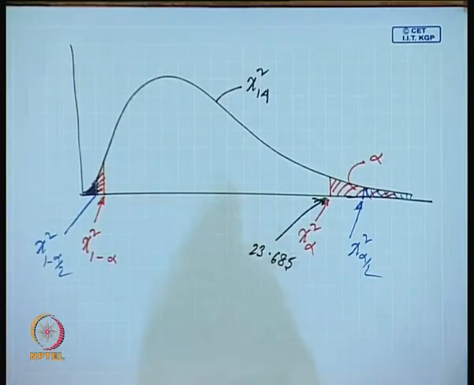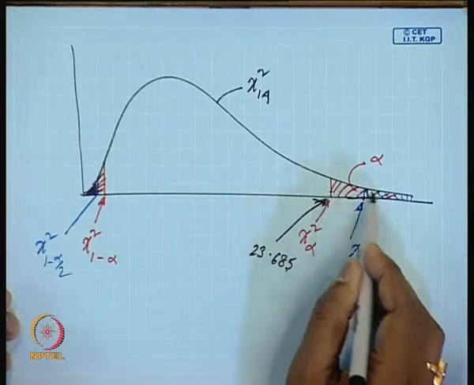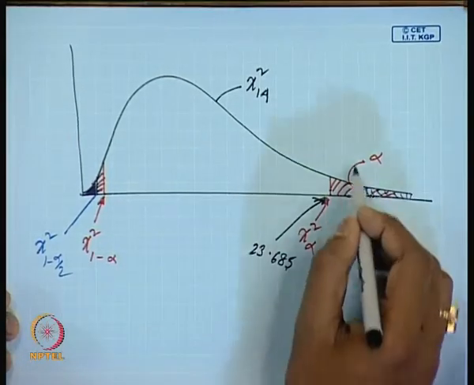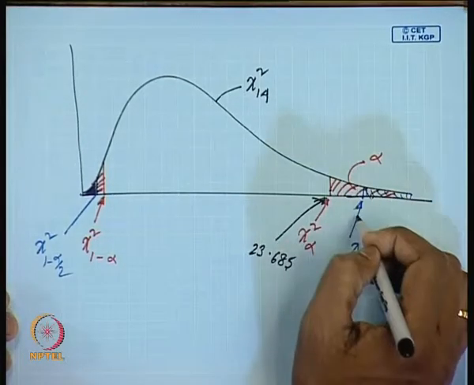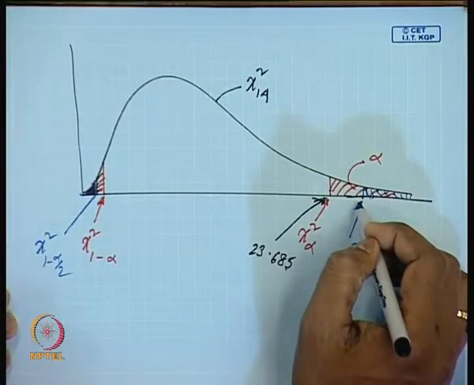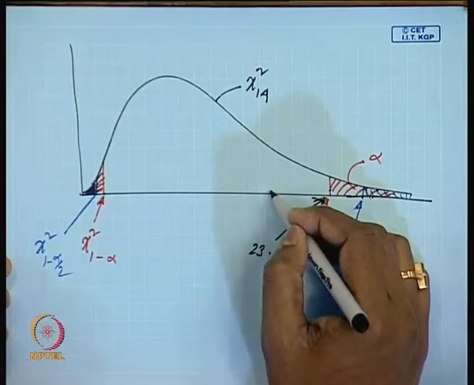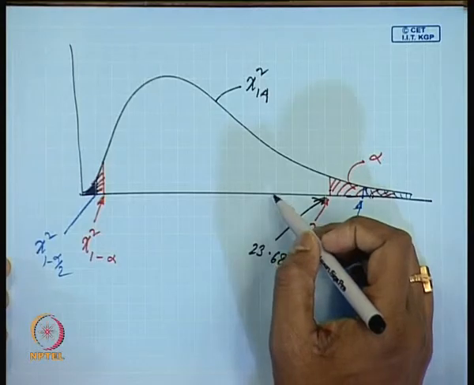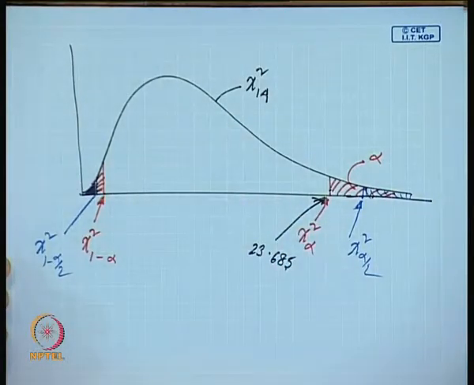These chi-square tables are given there. If the test statistic falls in this zone, this is your critical zone, and we have to reject the null hypothesis. If it is below this, we cannot reject the null hypothesis with the sample data that is available to us.